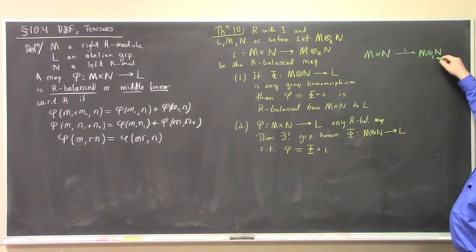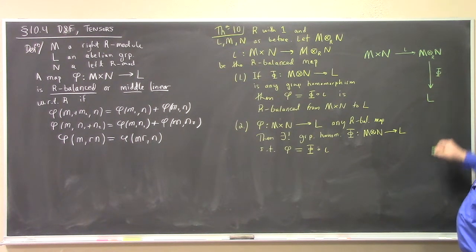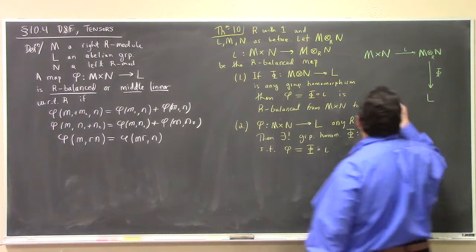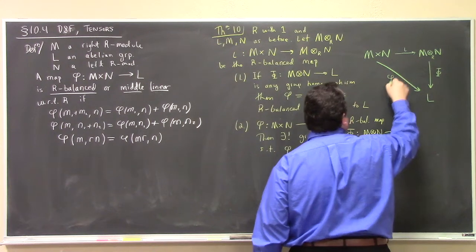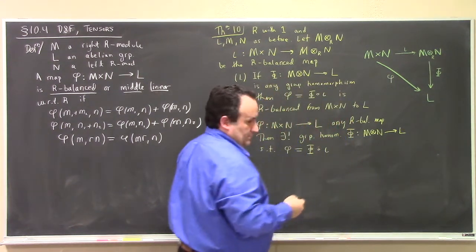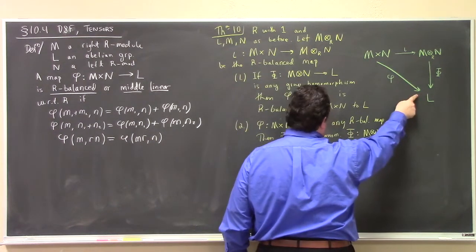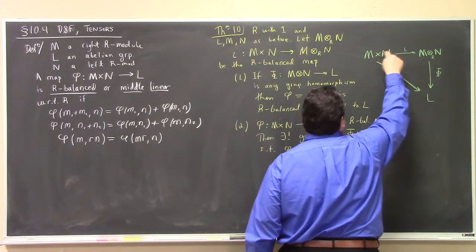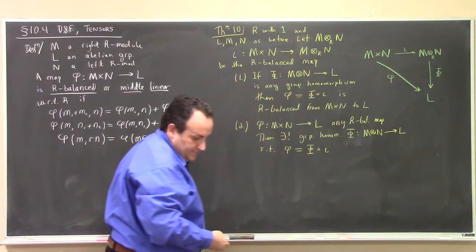And then we have the big phi map like this to L, right? And we got the lowercase phi map like this. So you see how it works. Phi is equal to big phi composed with iota, like that.